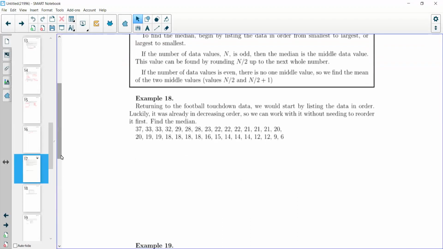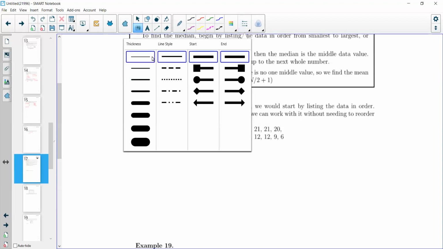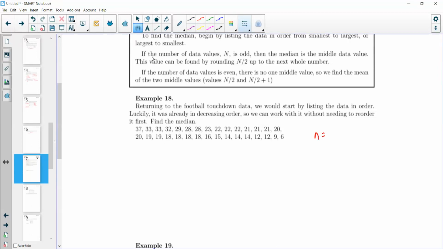So we're going back to our football touchdown data, and if you recall, n was equal to 31. We want to find the median. So to find the median, we just take n divided by 2. 31 divided by 2 is 15.5.